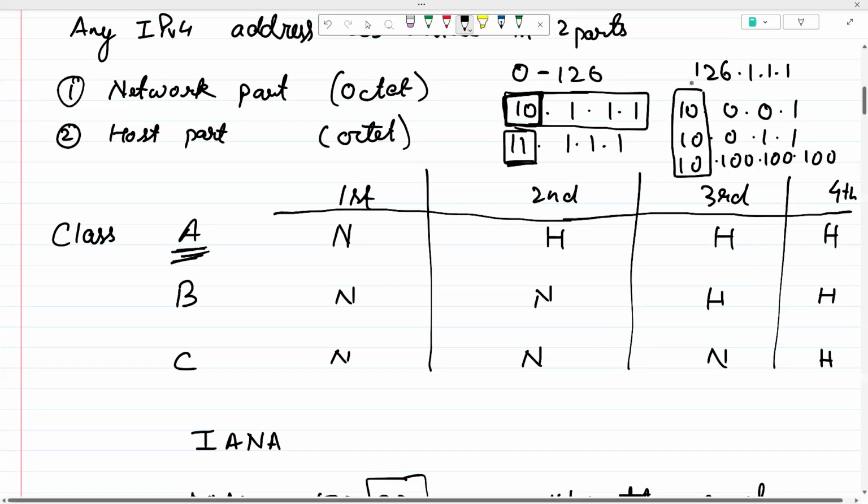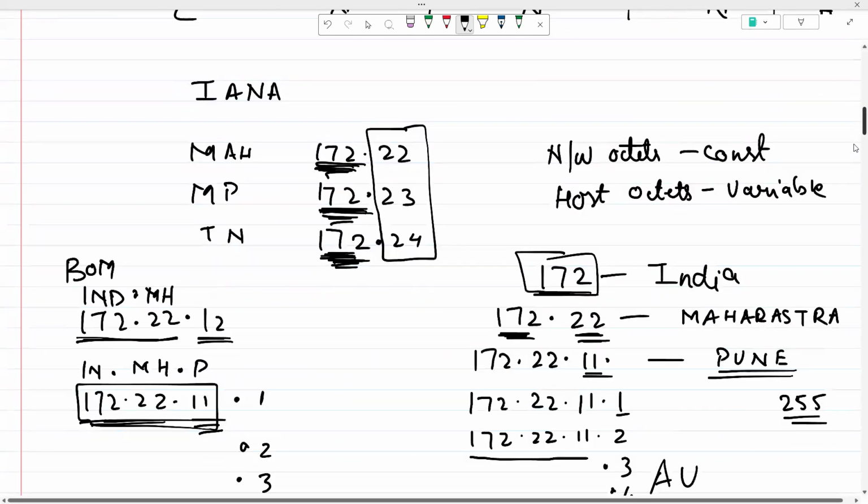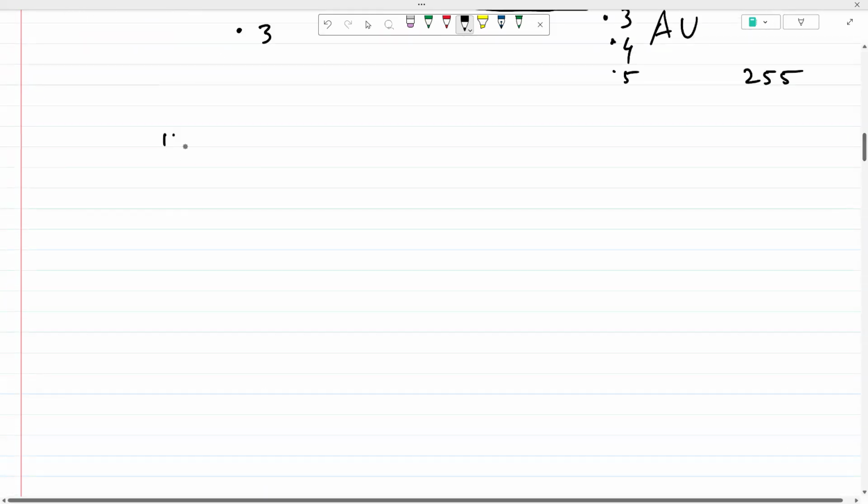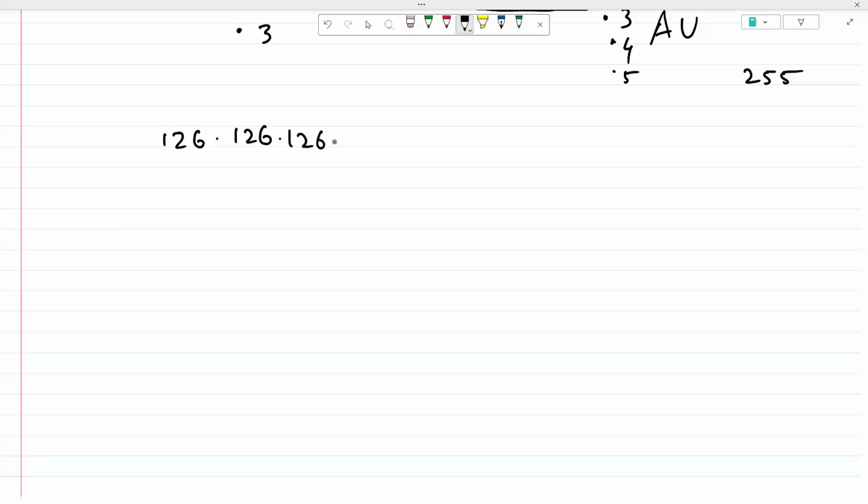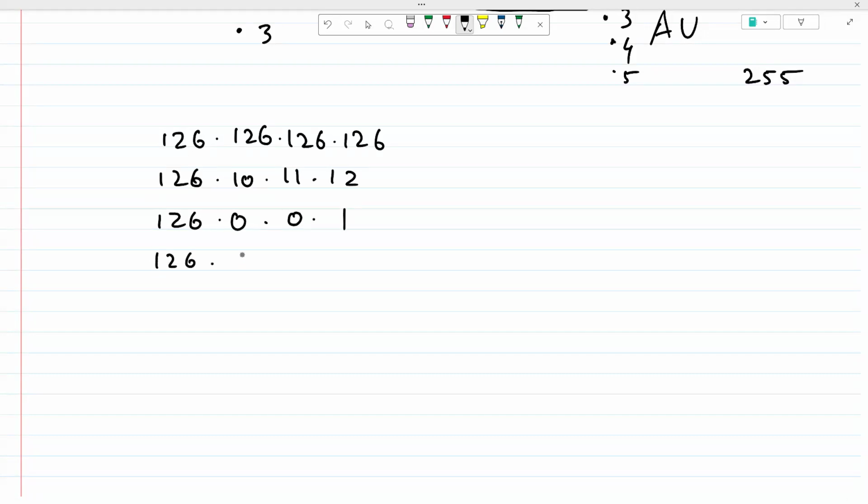Let's take the example of 126. 126.126.126.126, or 126.10.11.12, 126.0.0.1, or 126.1.1.1. All of them belong to the same network of 126.